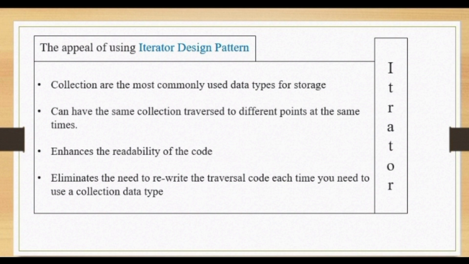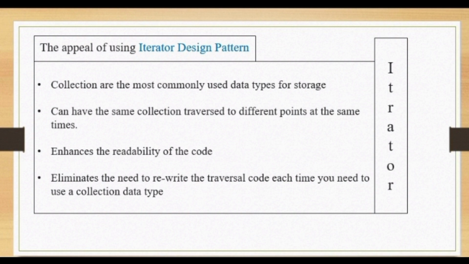At the same time, since the iterator design pattern has multiple different algorithms that are independent of each other, it allows you to traverse a single array or data type at multiple different points. If you have two iterators on the same array, each of them can traverse independently of the other. One can be reading the third entry and the other can be reading the fifth entry. This is a very huge benefit.